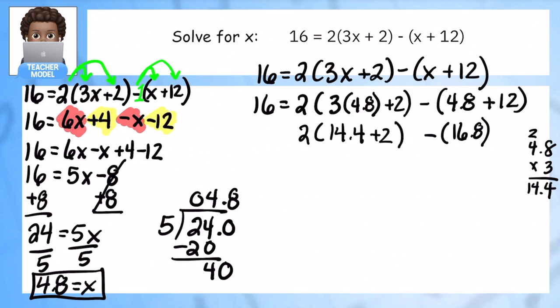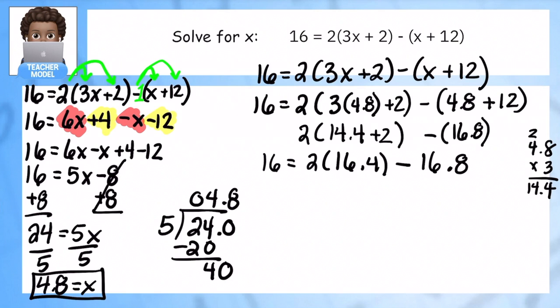I still have to simplify inside that parentheses. 14.4 plus 2 is 16.4. So now I have 2 times 16.4 minus, and I can get rid of this parentheses now, 16 and 8 tenths. So here we are. Just breathing for a second. It's getting simple, it's getting smaller, but I'm just giving myself a little space.